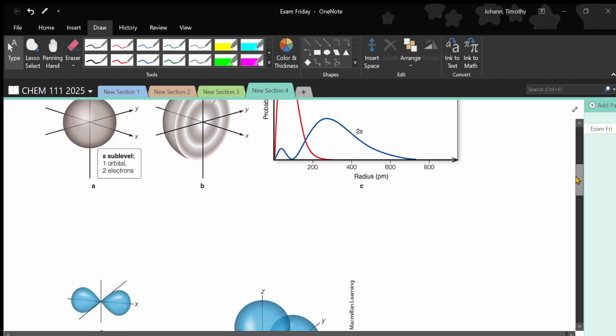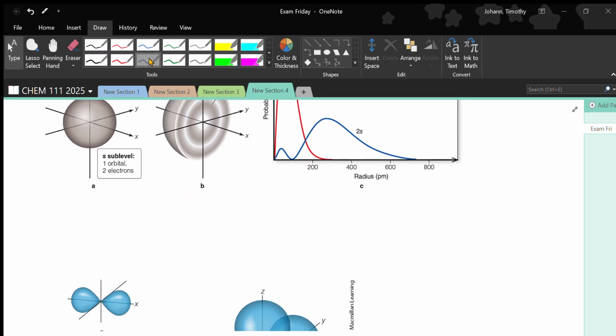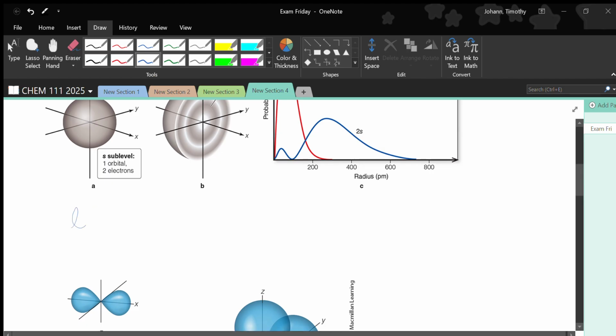Our next quantum number is L, the angular momentum quantum number. Okay? So this is the shape of the orbital.